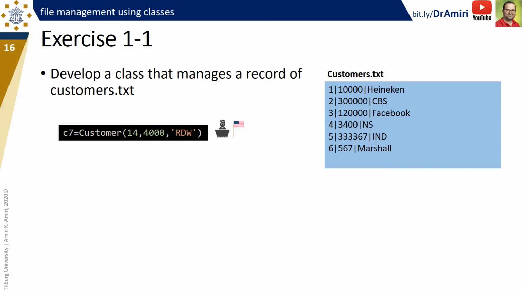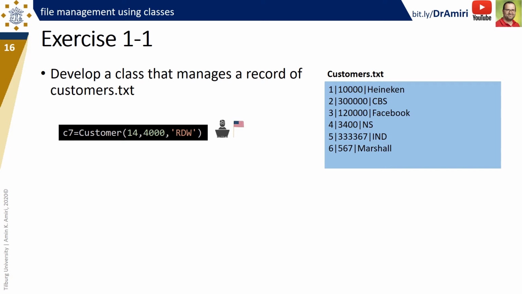So your first task is to develop the record manager class, in this case called Customer with capital C. This class has an initializer that receives three arguments: customer ID, paid us, and the customer name. Keep in mind that your most important job is to create a dunder str that returns a string that follows the pattern of one record in this file.